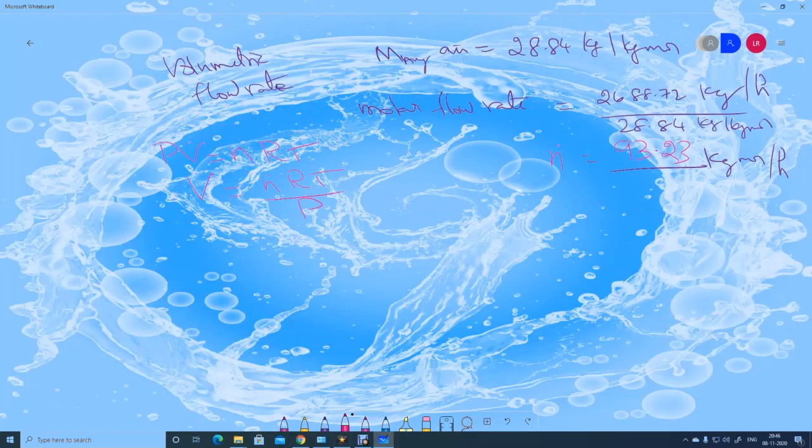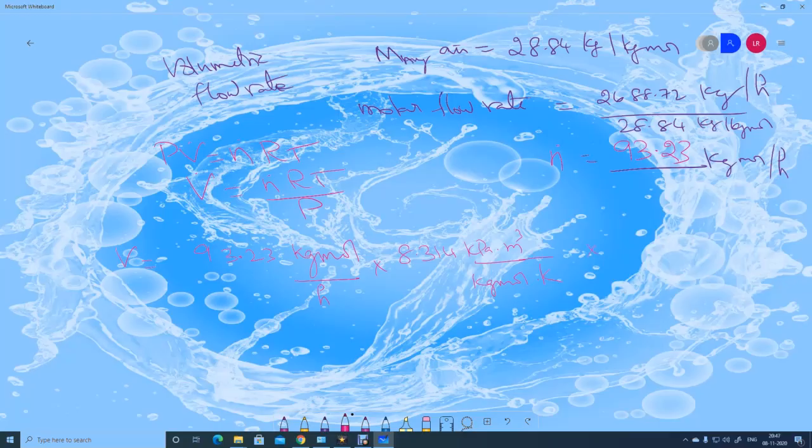V dot is equal to n, 93.23 kg moles per hour, multiplied by R. R value in SI units is 8.314 kilopascal meter cube per kg mole Kelvin, into temperature.